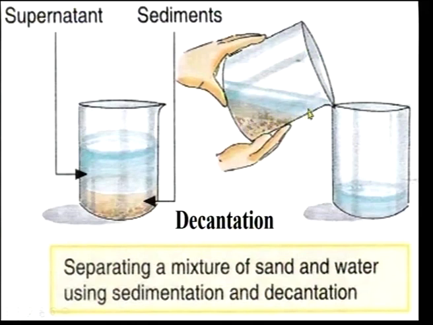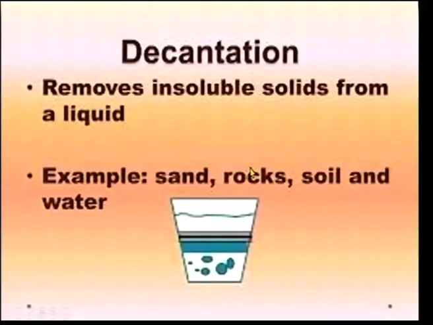The liquid which is floating flows down and the sediment settles down. So separating a mixture of sand and water using sedimentation is called decantation. The top floating water and other substances can be taken into another beaker. This process is called decantation.